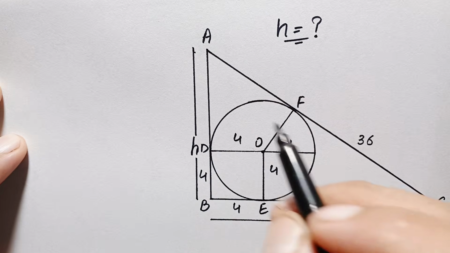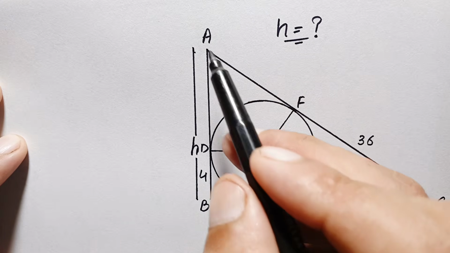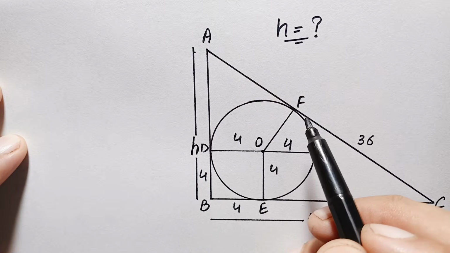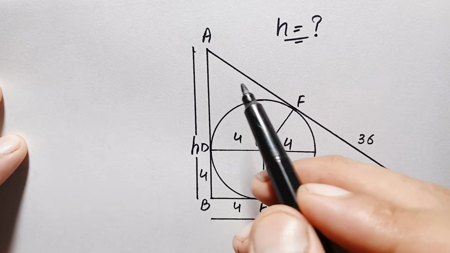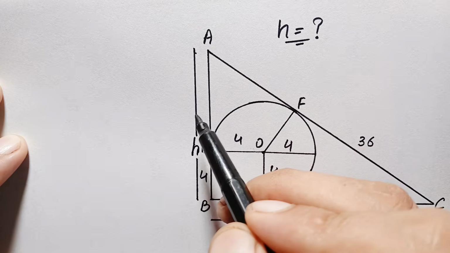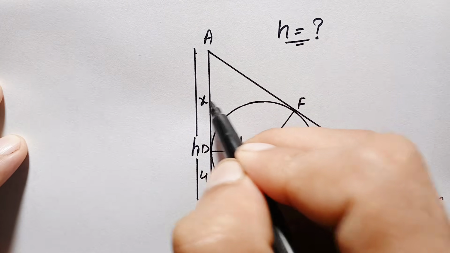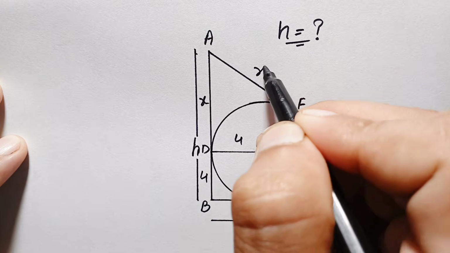Now we will use the same result here. We have two tangents from point A to this circle, tangent AD and tangent AF. These tangents must be equal to each other, but we have not been given the length of any tangent. So let us suppose this tangent AD is equal to x. So this will also be x.